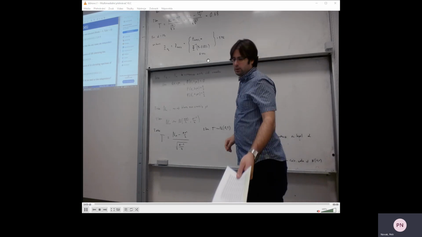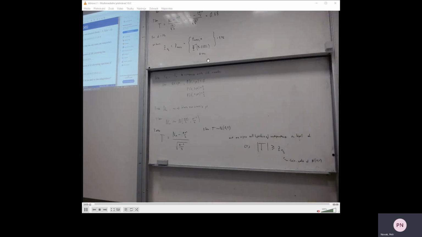Now, this means that in this sequence of ones and zeros, basically, we do not have the means to predict the next value. The next value in the sequence is sufficiently unpredictable.